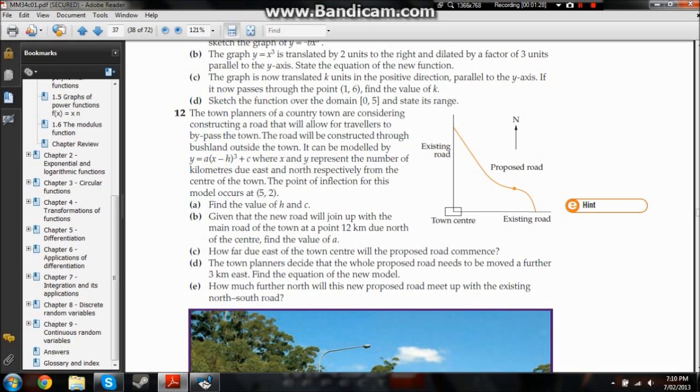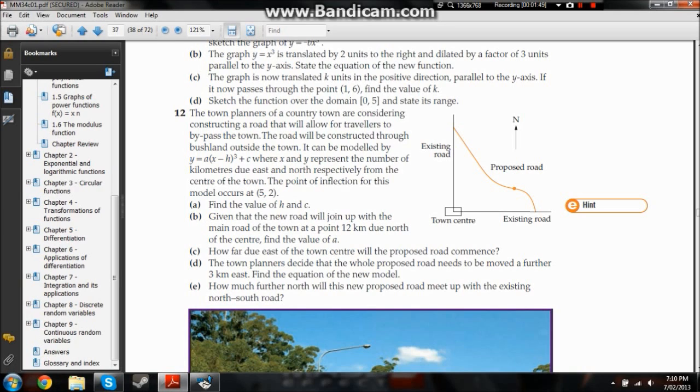c is 2. For B, given that the new road will join up with the main road of the town at a point 12 kilometers due north of the centre, find the value of a. So when it says that, it's referring to this point here.